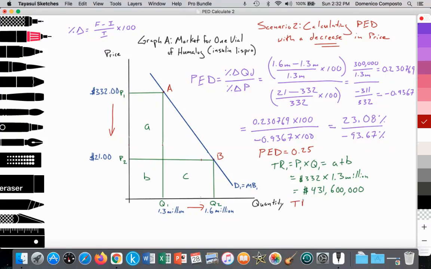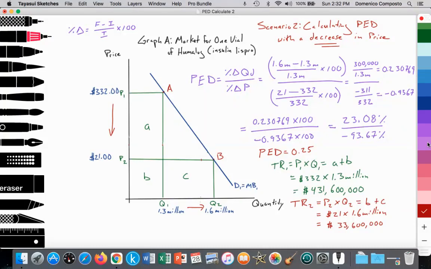Okay. Then we're going to look at the change in total revenue. Total revenue after the fallen price is equal to P2 times Q2, which is equal to areas B plus C, which is equal to the new price of $21 multiplied by the increase in the quantity of consumption, 1.6 million. And so that equals 21 times 1.6. So that is 33,600,000.